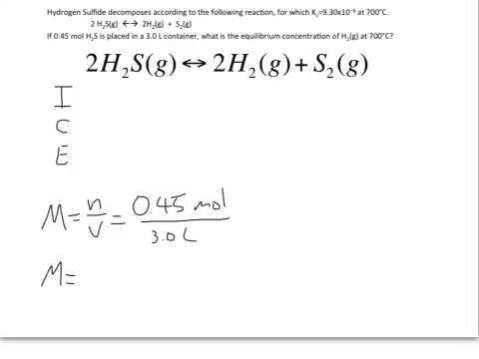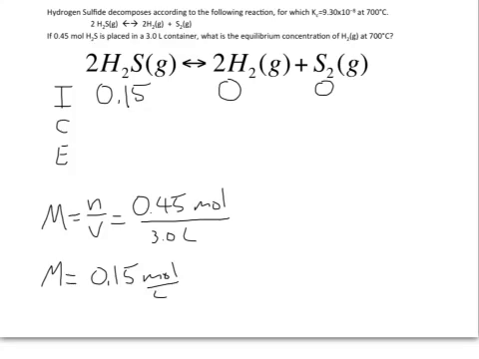My molarity is 0.15 moles per liter, or 0.15 molar. So I can put that in for the initial concentration of H2S. And because they don't tell us we added any of the products, those concentrations initially are going to be 0.